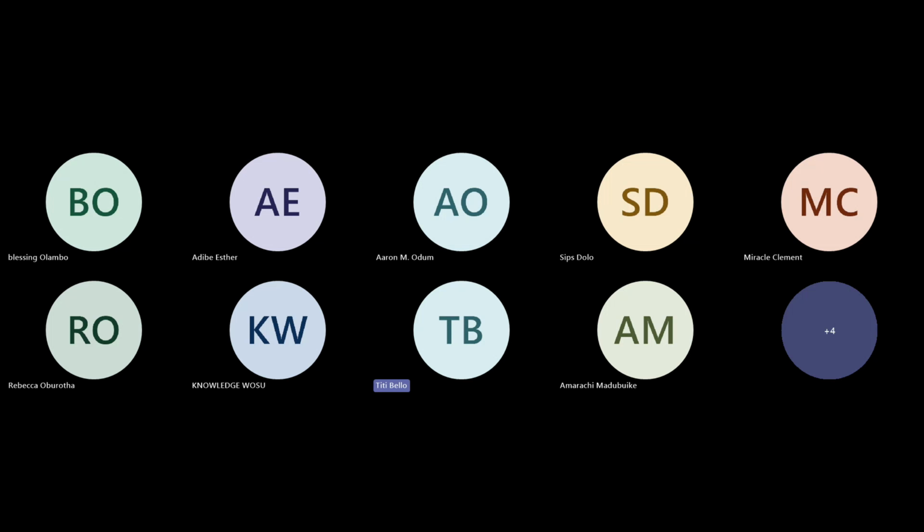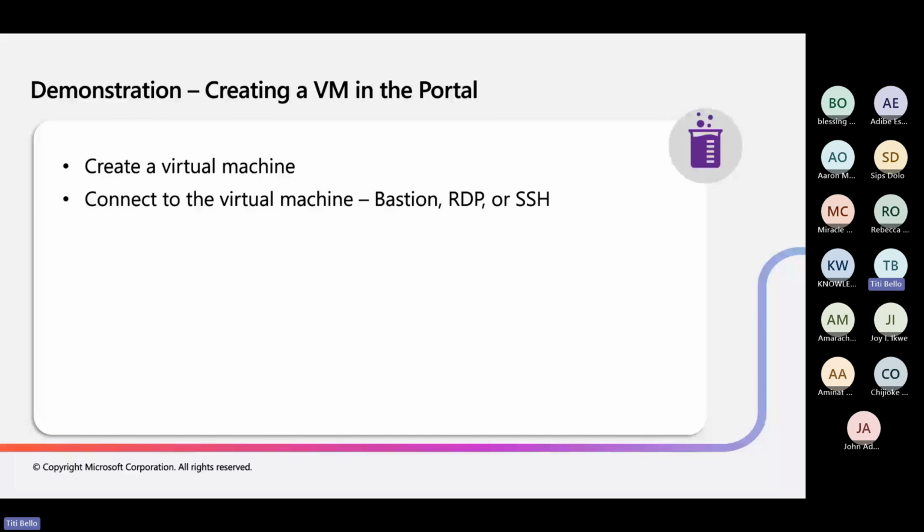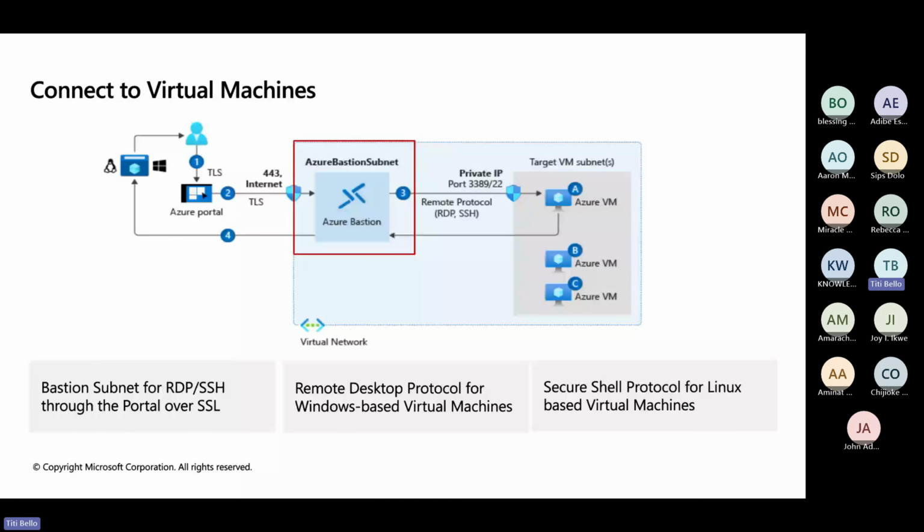Let me look over our work. From what we could see, we connected to our virtual machine using RDP. And so you see here, the remote protocol, remote desktop protocol. That was how we connected to our virtual machine. If you remember, while we were connecting to our virtual machine, there was a box that came up and it says remote desktop. So that was the method.